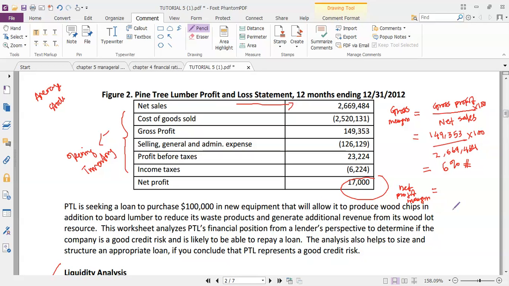Net profit margin. So how to calculate net profit margin? Okay, so net profit divided with net sales, of course, times 100%. Okay, so net profit is 70,000.